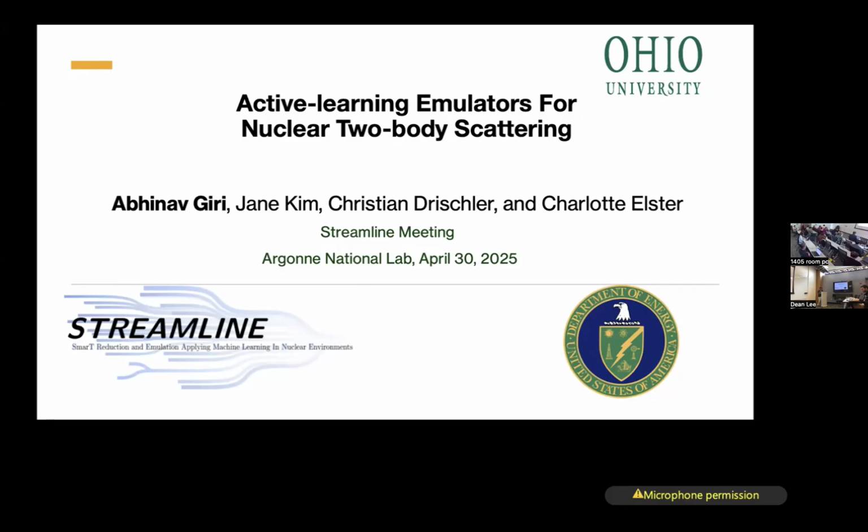Even though you know a lot about emulators already, I have slides, so I'm going to talk about it. Then, since my emulator is based on the T-matrix, I'll briefly describe what the T-matrix is, and also our results. I will conclude after the results.